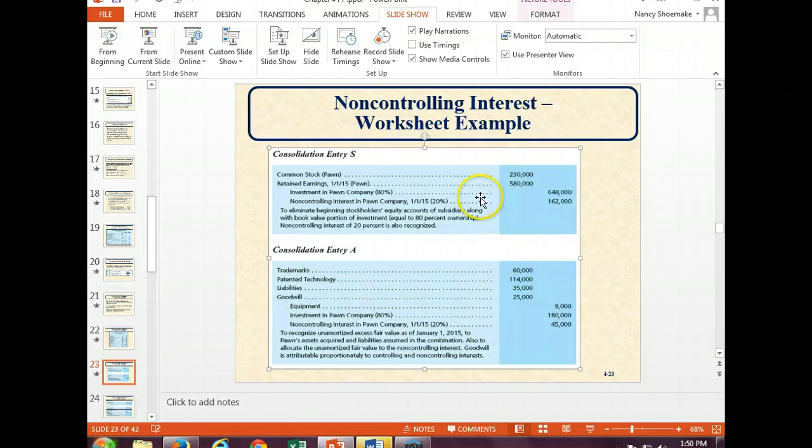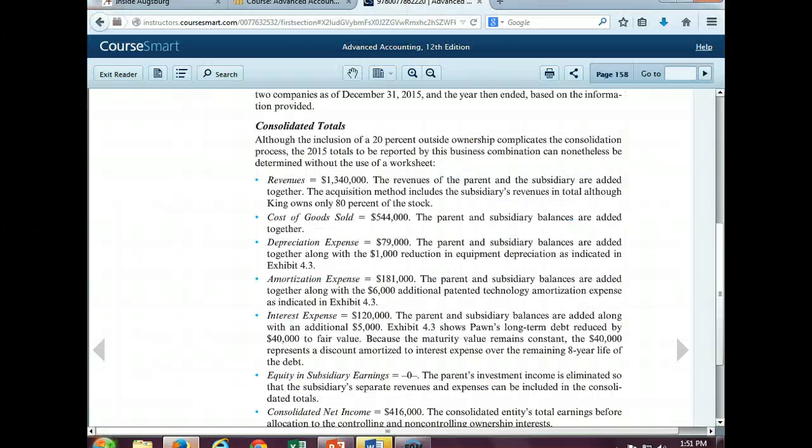We would take it just like this. We'd show the common stock, but no, you see the equipment we're showing less 1,000. We're showing our patented technology less 6,000. And this is as of the beginning of the year. That is, let me just go to the book a minute.